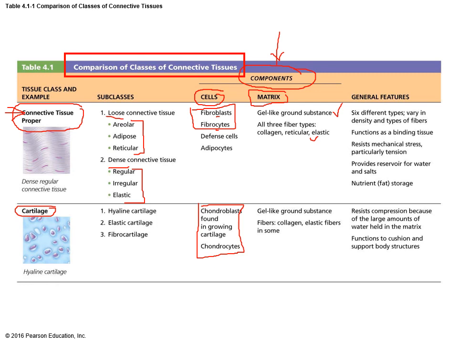Then we're no longer going to call it a fibroblast, we're going to call it a fibrocyte. Same thing with the chondroblast versus chondrocyte. The blast is building, and once it's done, it's called a chondrocyte. So fibroblasts and fibrocytes for the connective tissue proper, chondroblasts and chondrocytes for the cartilages.